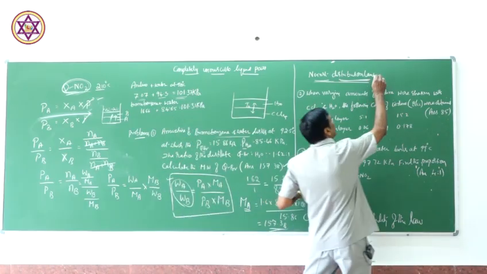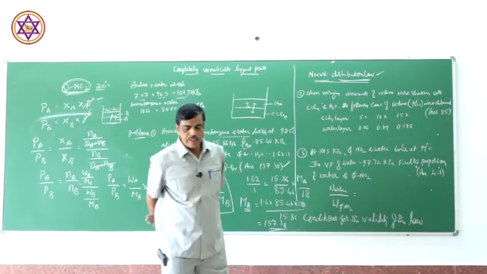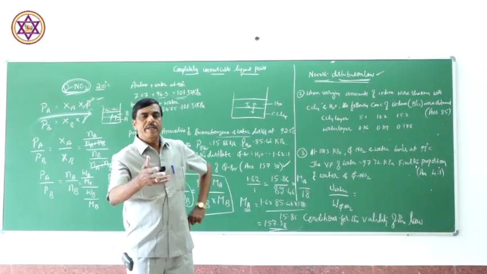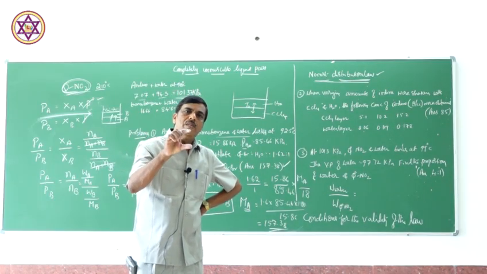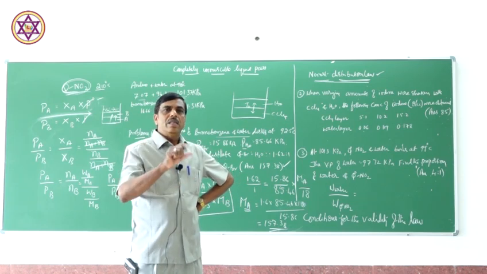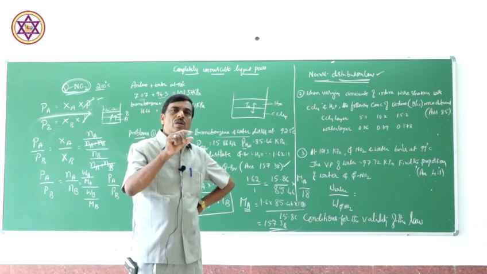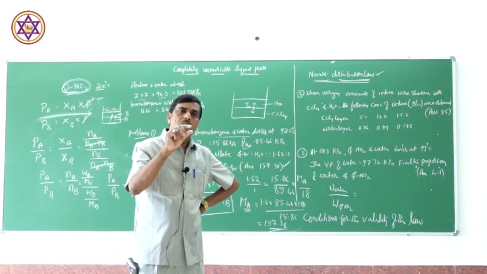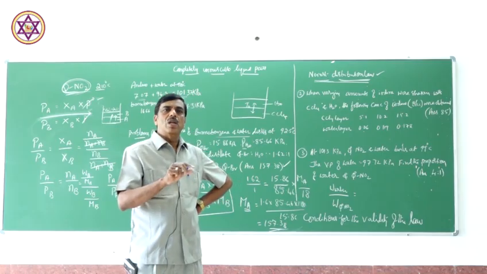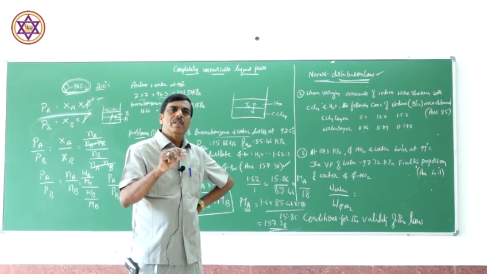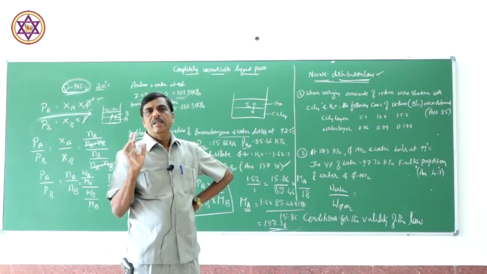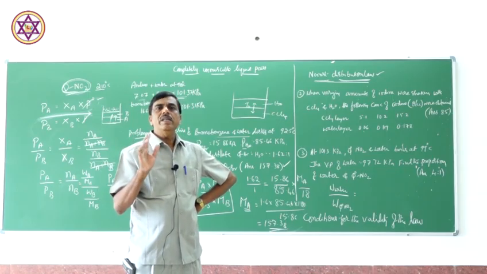That is Nernst distribution law. Once again I repeat it: the ratio of the concentration of the solute in two immiscible liquids is always a constant at a constant temperature.